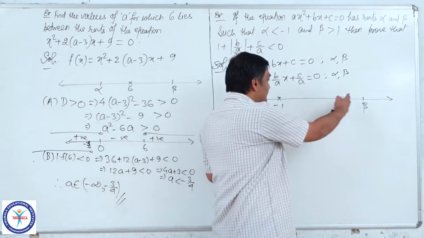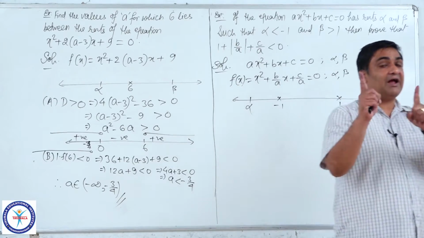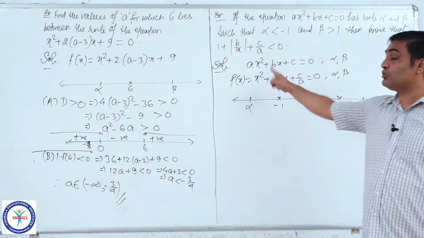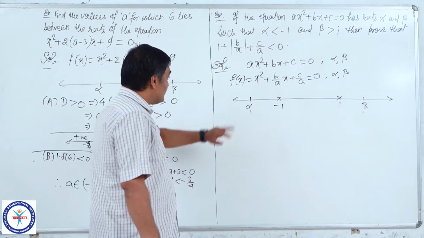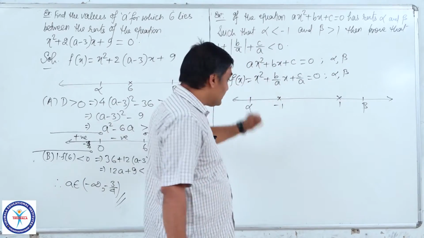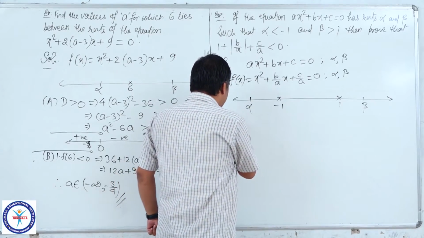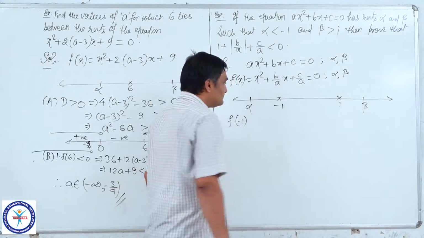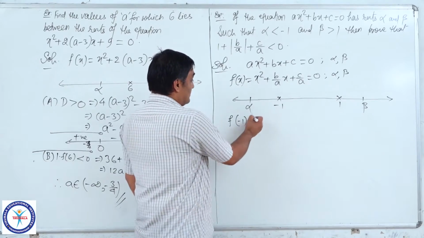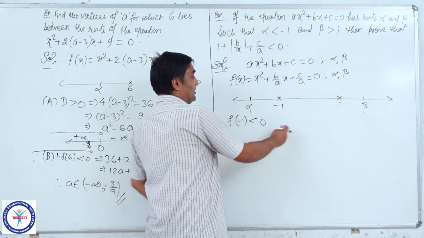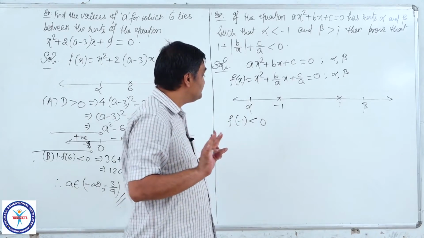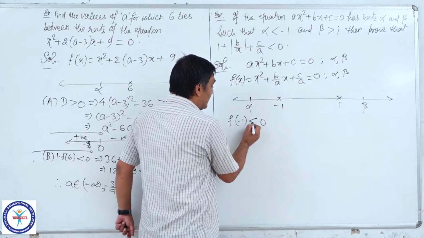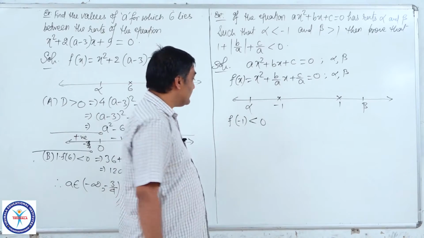So, in between the roots, the sign is opposite to coefficient of x square, means negative. Here the coefficient is 1. So, f of -1 less than 0, since in between the roots the sign is opposite to a. F of -1 less than 0.